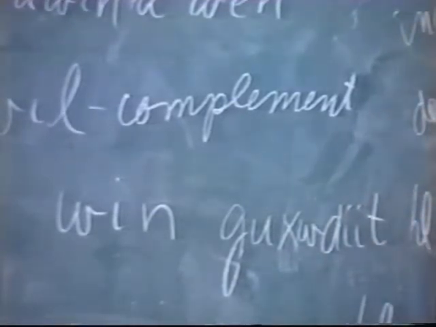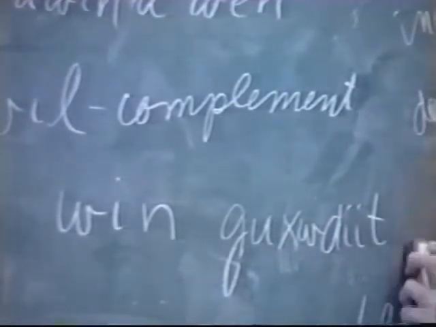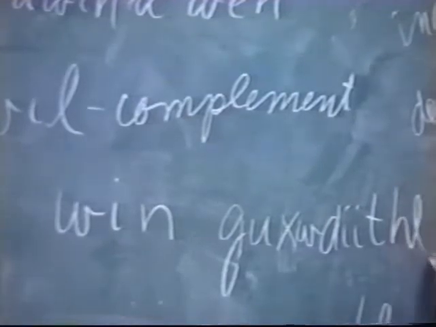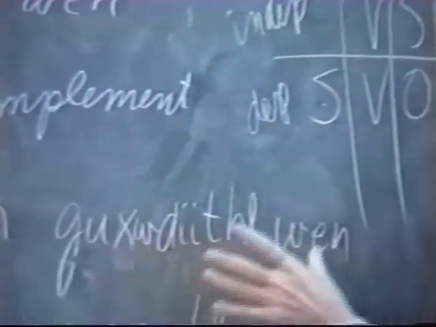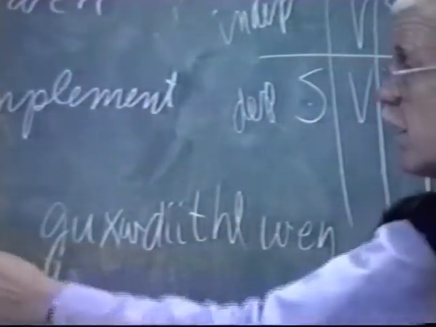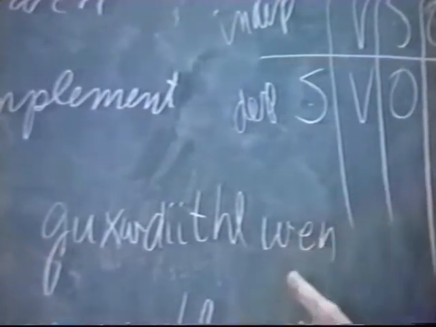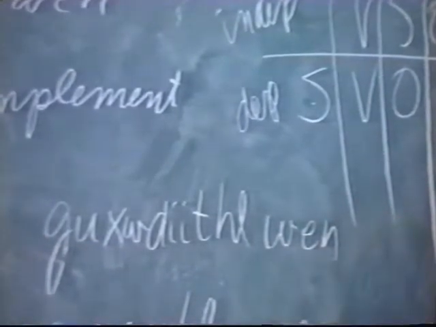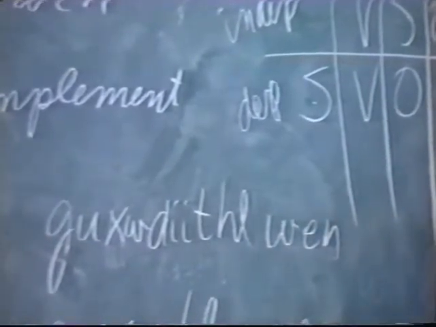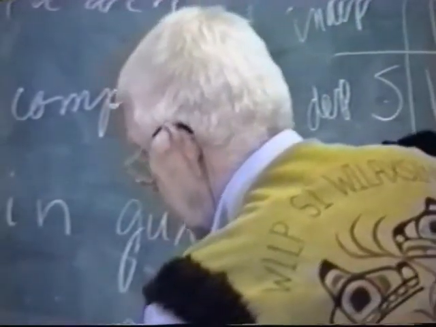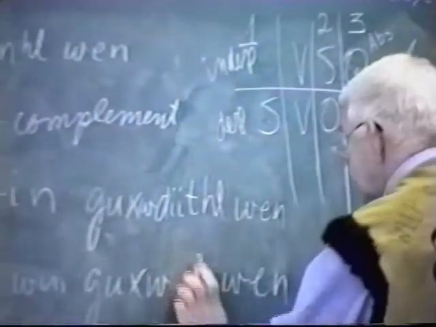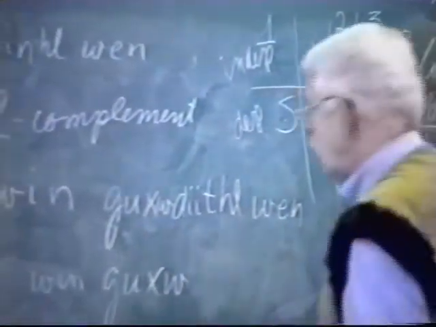Gooch deet when. Now, can we just put gooch deet when following win there and just say win gooch deet when? No. You need to do something else in this case.